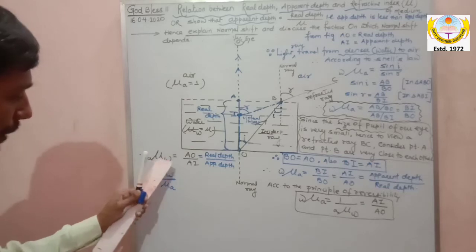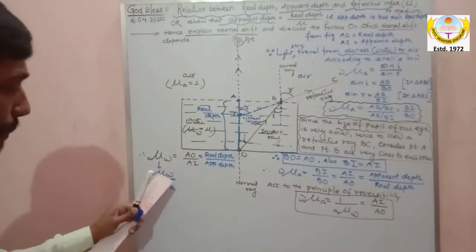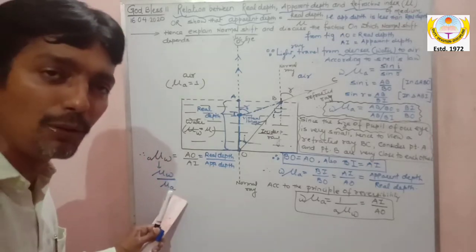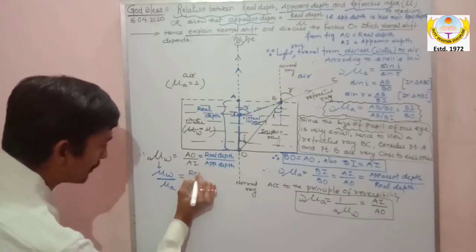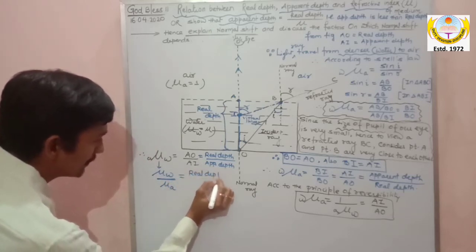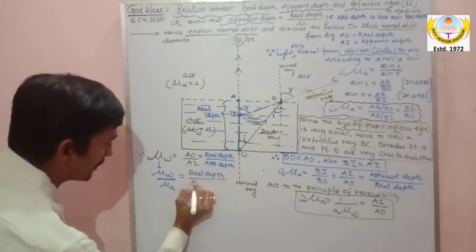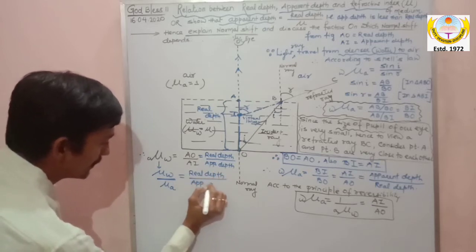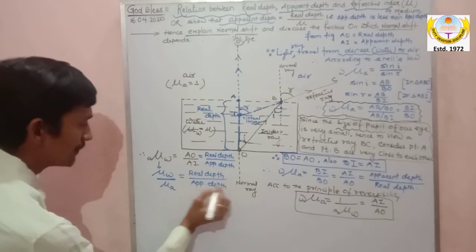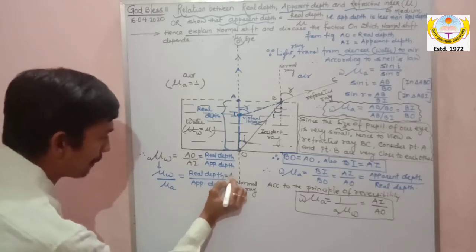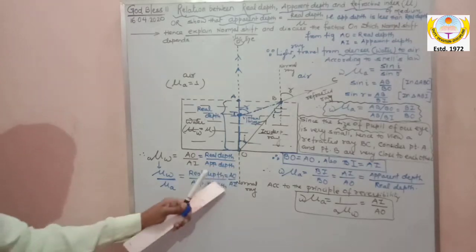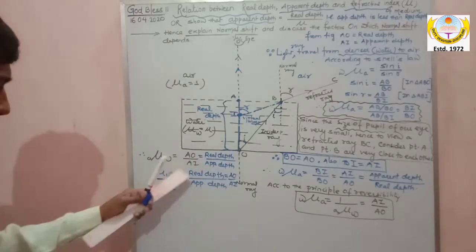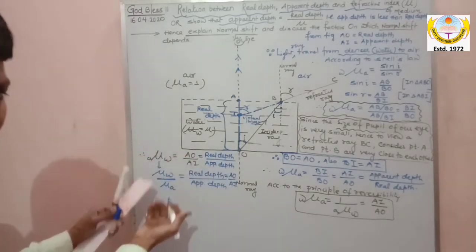That is, mu of water with respect to air can be written as mu of water upon mu of air. This is equal to real depth upon apparent depth, that is AO upon AI. I am not doing anything new, I am just explaining it.